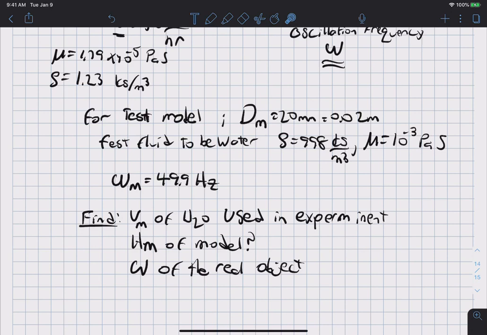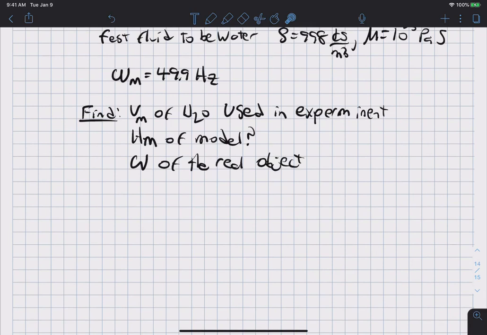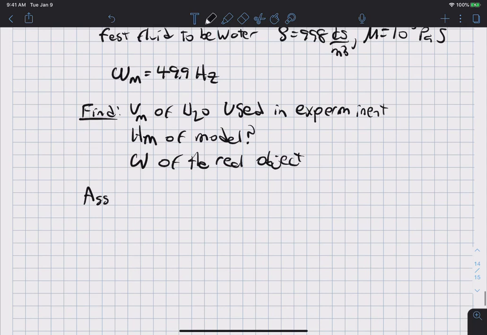Okay, so where do we begin? First, we need to use Buckingham pi, and we need to make a load of assumptions on what this frequency is going to be a function of. And we're going to assume that the experimentalists were smart, and the model is geometrically similar.